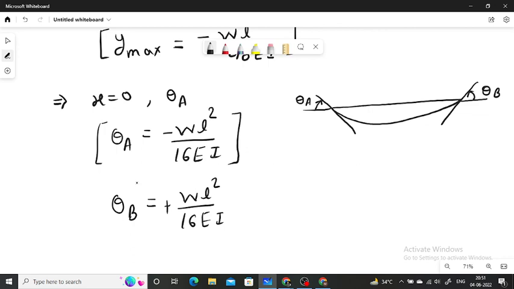The magnitude of the slopes at the endpoints will be equal to each other when the load is acting symmetrically. In the case of a simply supported beam, slope is equal at both the endpoints.